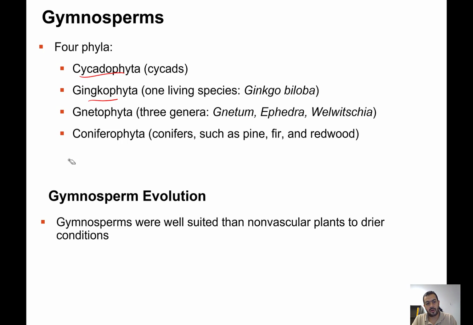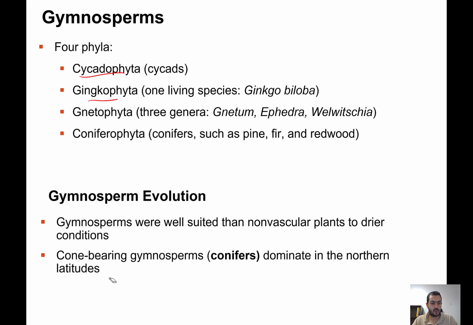Number two, they are dispersed by pollen grains now. These pollen grains are a protective structure. They are not dependent on the presence of water, so because of that they are more suited to drier conditions than the non-vascular plants.